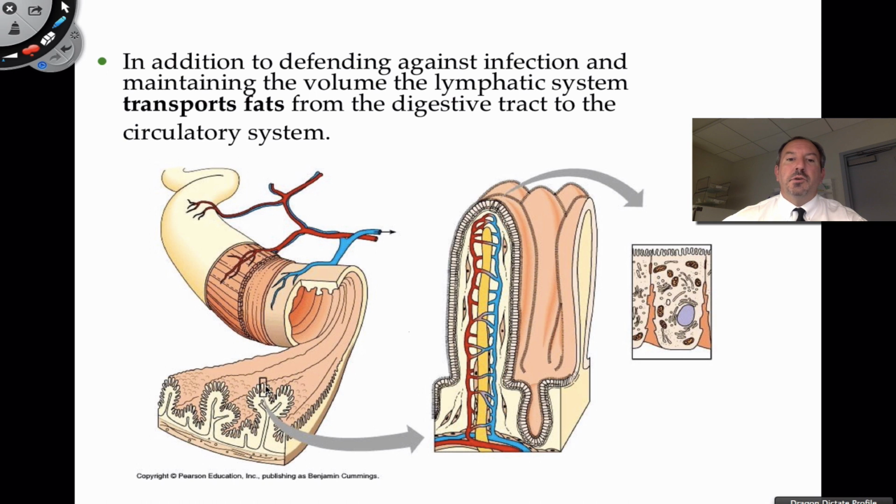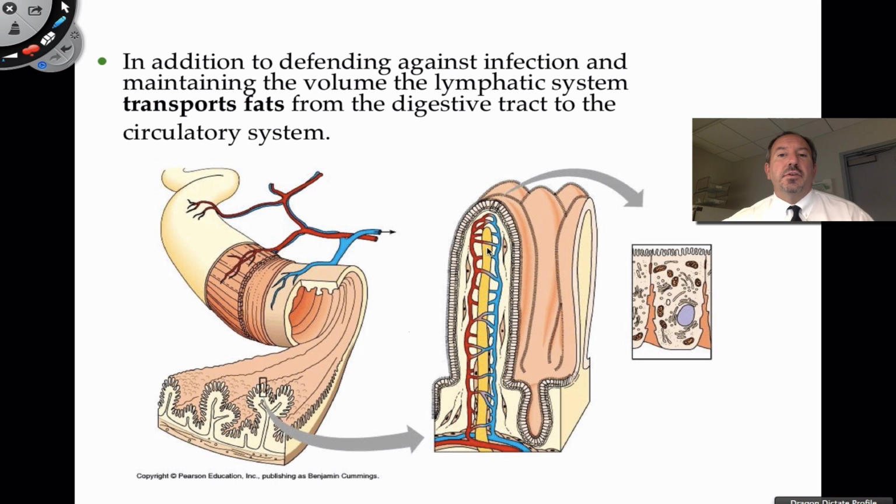But in the mucosal layer, right here, these are the simple columnar cells which are absorbing in the intestinal villi the food that you're eating. And that goes into the bloodstream, but also there's a lymph vessel right in the center called a lacteal. And the lacteal is important because not only is it draining the intestine for tissue fluid, but it's also a place where fat molecules travel into the lymph.